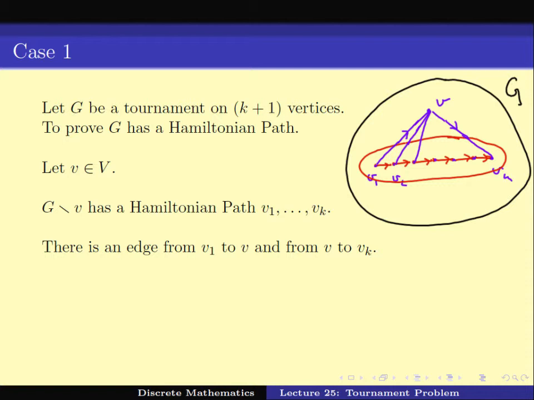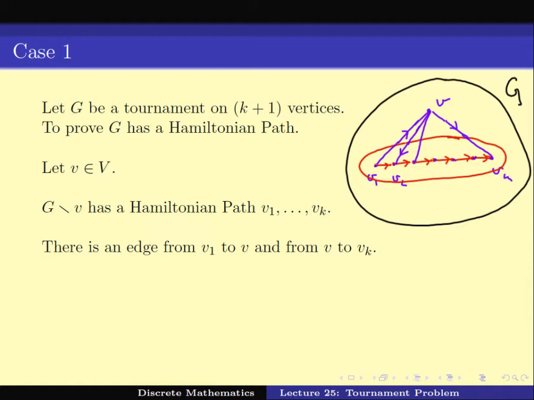Now, once this is the case, unfortunately, we cannot obviously extend it to a Hamiltonian path. There is no Hamiltonian path that can be seen here in the picture right now. But what happens if there is an edge from V to V2, something like this? In that case, I would have got a Hamiltonian path.